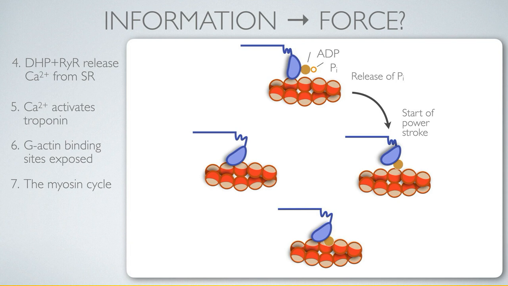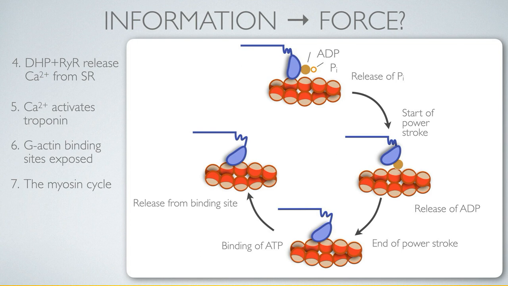At the end of the power stroke, we have the release of the ADP molecule to complete the power stroke. So what's left as we go from 6 o'clock to 12 o'clock is all of what's needed to reset the myosin molecule. So that includes binding an ATP molecule.